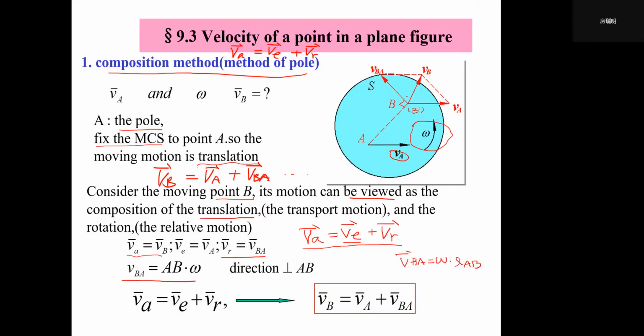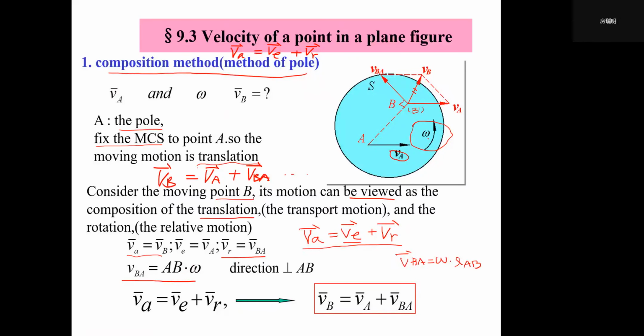So you should know that VB will always be on the diagonal position of this parallelogram, right? And VBA will always equal omega times the length AB.